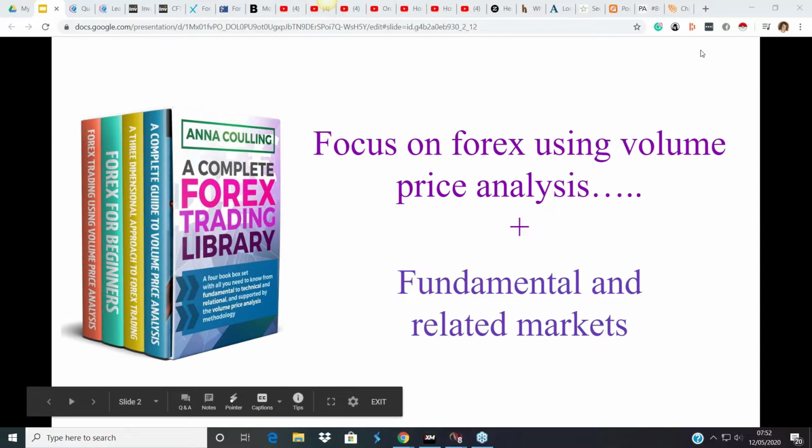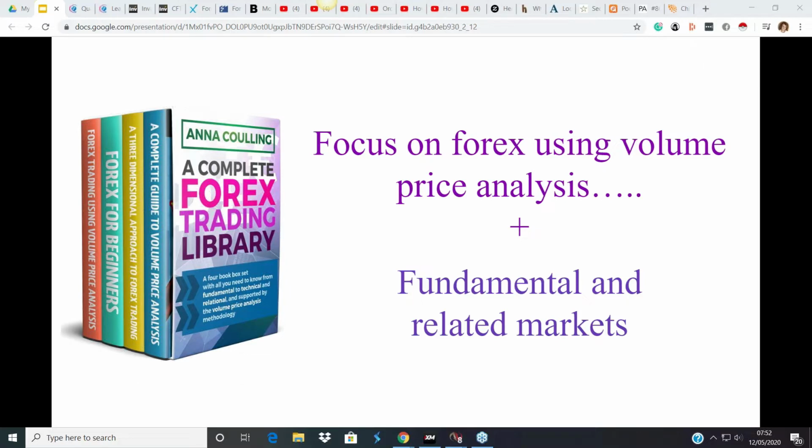By the volume, we look at the activity, the participation: who is buying, who is selling. What we're really looking for is an agreement between the price action and the activity. And when there isn't an agreement, we call that an anomaly. That is highly suspicious and likely to cause a reversal on the chart.